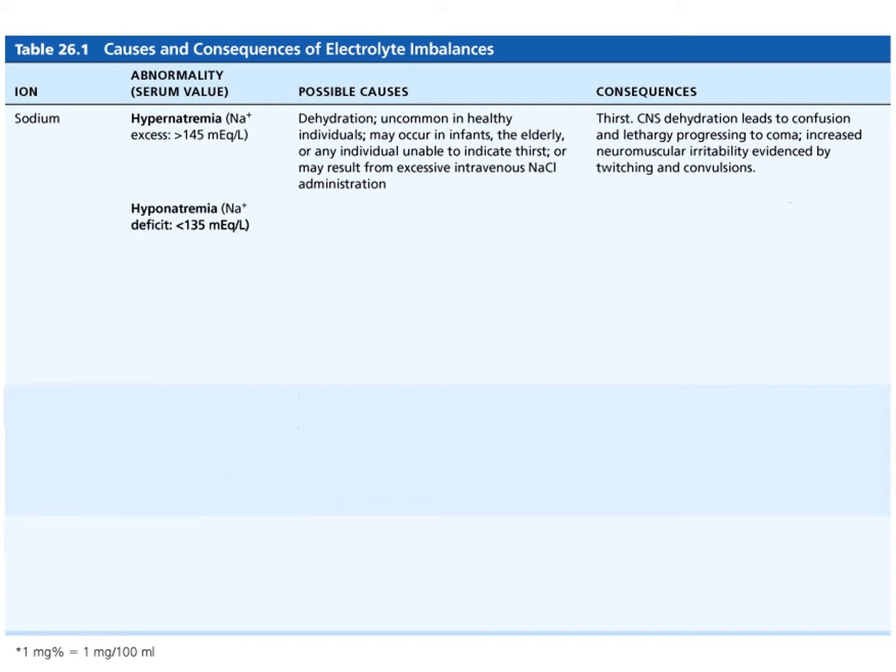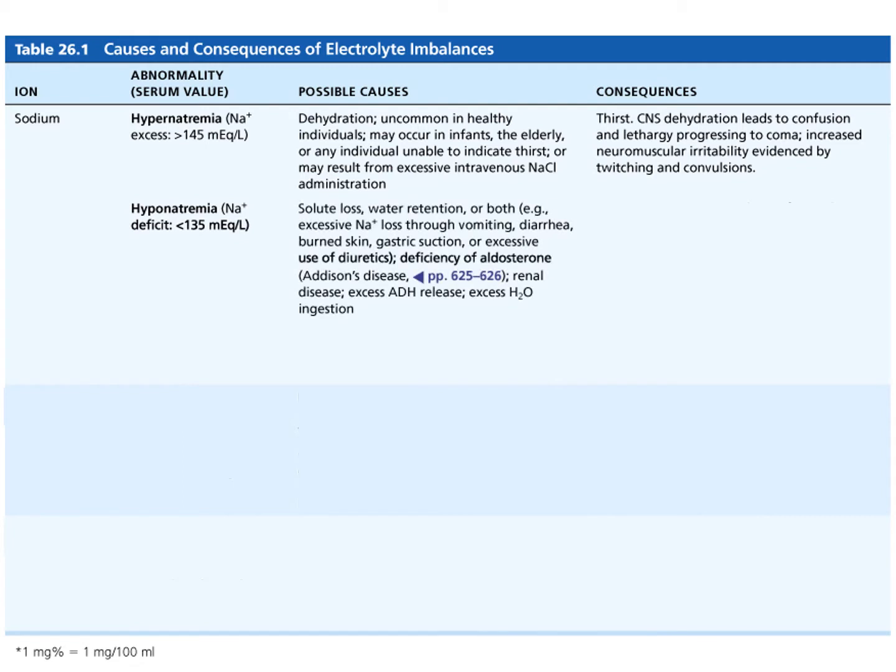Hyponatremia is low blood sodium, and so you can get this through solute loss, through water retention, or both. You can get excessive sodium loss through vomiting, diarrhea, burned skin, gastric suction, excessive use of diuretics. Addison's disease can give this to you, renal disease, excess ADH release, and excess water ingestion.